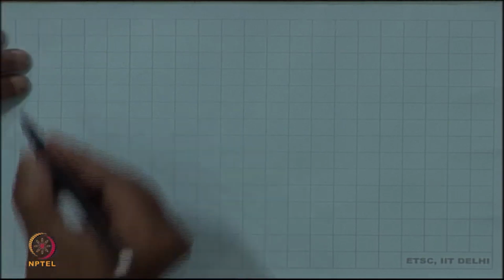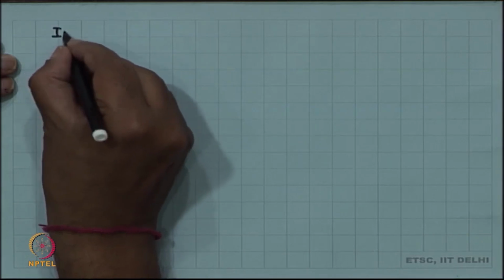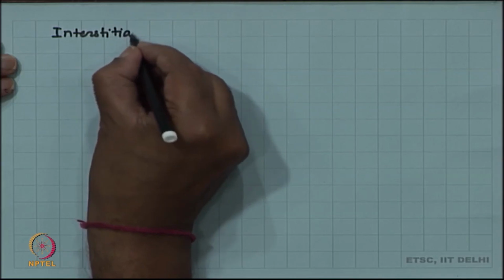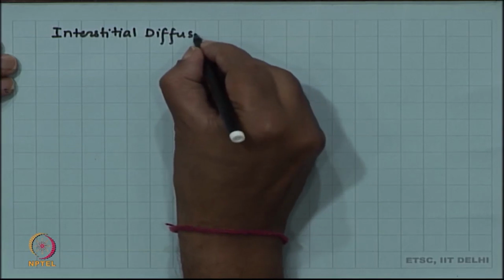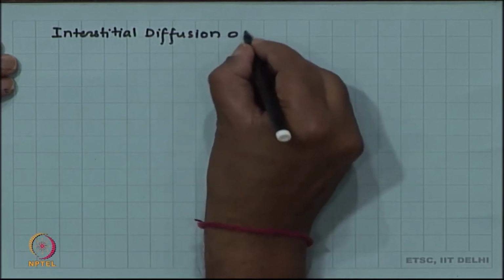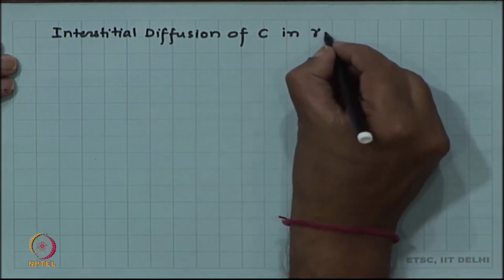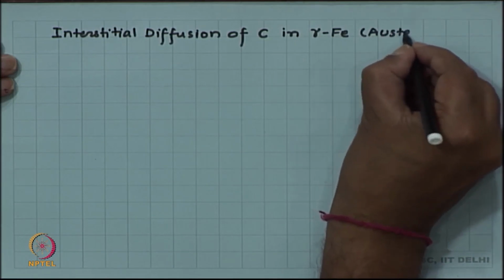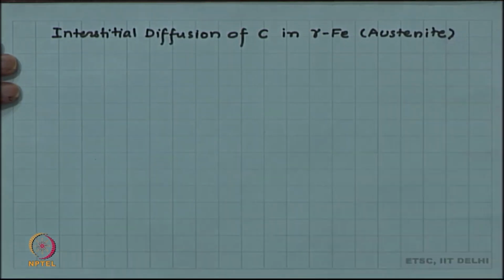Let us justify this for the case of carbon. Let us say interstitial diffusion of carbon in gamma iron, austenite. We have discussed these phases when we were discussing the iron carbon phase diagram.